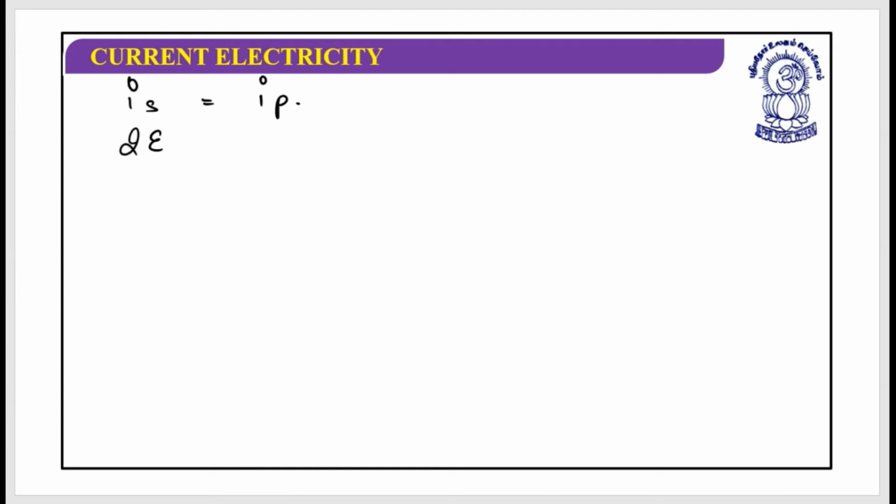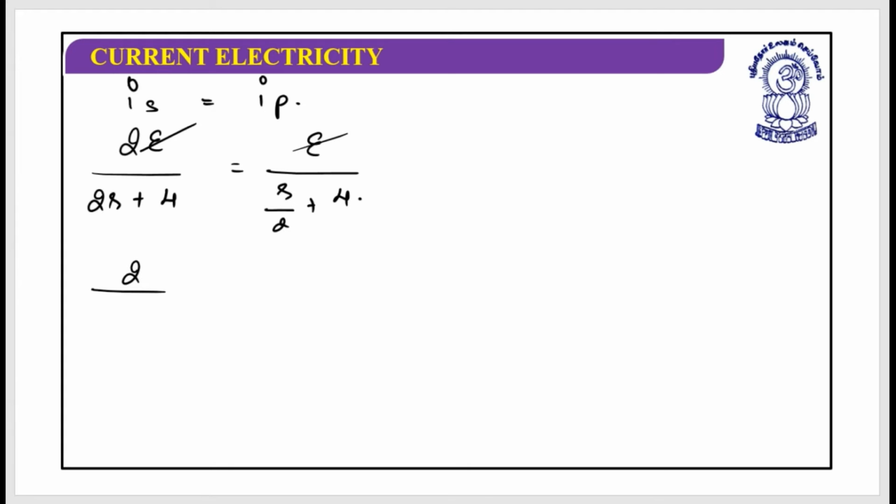Is can be written as 2E divided by 2R plus 4, and this equals E divided by R by 2 plus 4. So this E can be cancelled out, and 2 divided by 2R plus 4 should equal 2 divided by R plus 8. So this 2 can be cancelled out, and what I have is R plus 8.